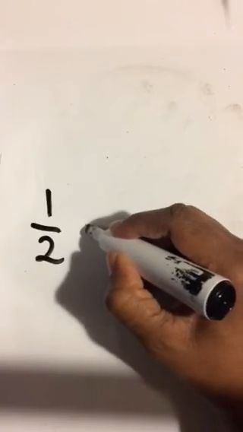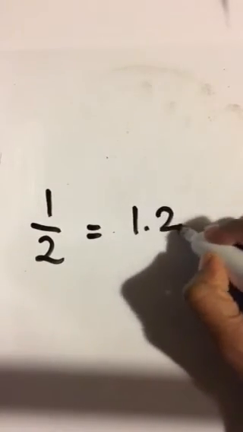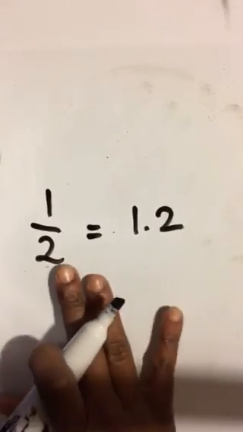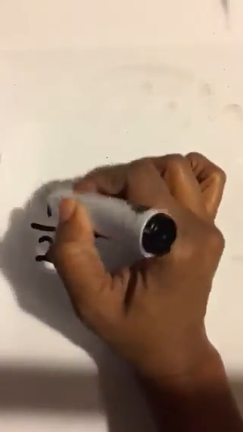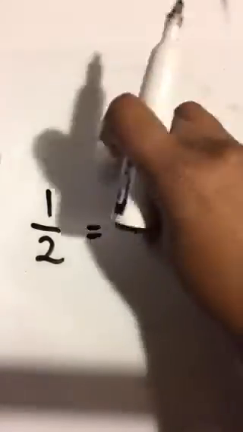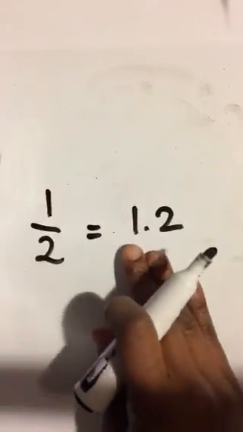Some students like to do 1/2 equals 1 and 2/10. Well, one thing that sticks out to me is this is a half, and this is greater than a whole. There's no way that 1/2 can be equal to a whole. This is 0, and this is at least 1.